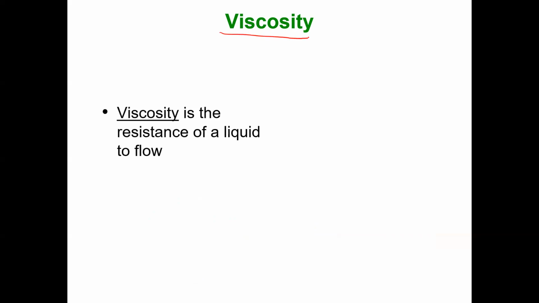Viscosity is the resistance of a liquid to flow. If I have stronger intermolecular forces, the liquid is not going to want to slip and slide. There's not going to be as much freedom of motion because the intermolecular forces are really strong and they stick to each other. If there's not as much freedom of motion, it's a more viscous liquid.